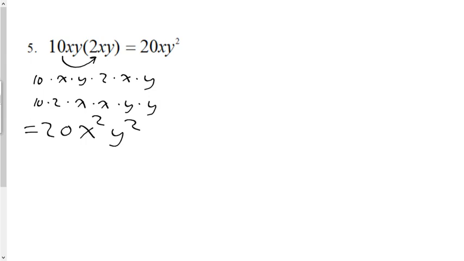Your solution, for number 5, on the left-hand side, is 20x squared y squared. Is that equal to this? No, because what's the exponent on the x? It's just a 1. So therefore, it too is false.